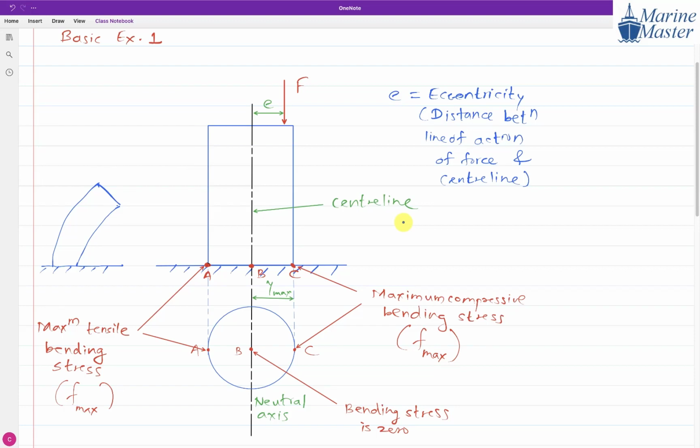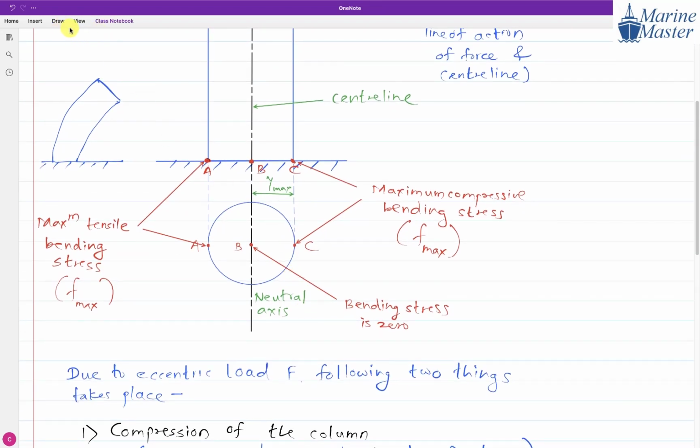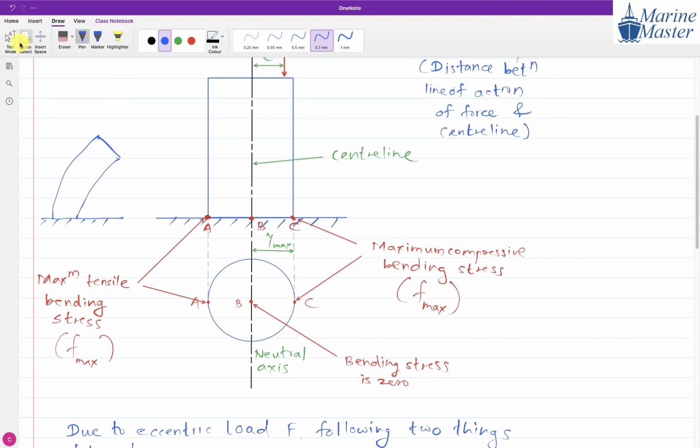Sir, we need to write F max comma C and F max comma T? No need to write down, only F max. Or you can say, 1 minute, if you don't want to get confused.